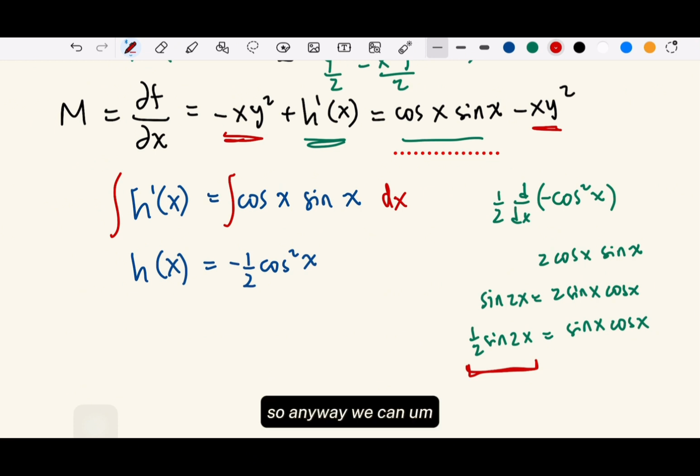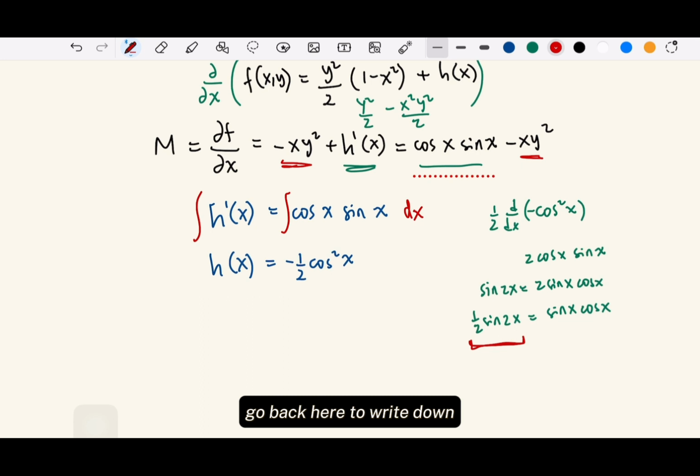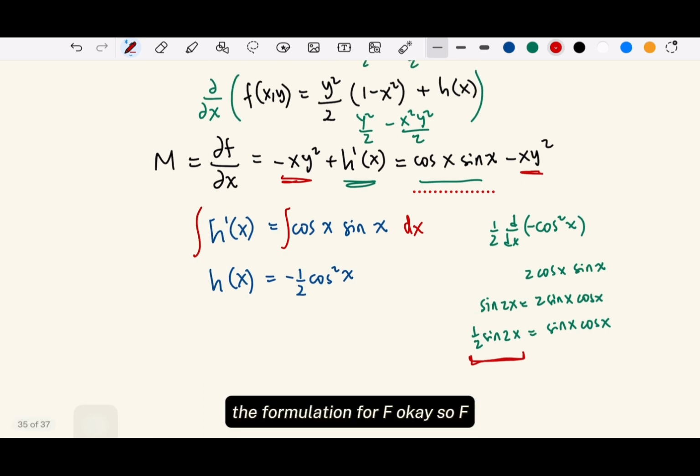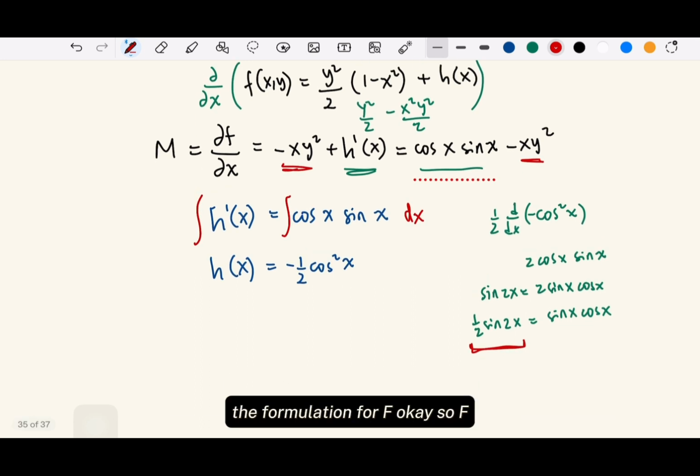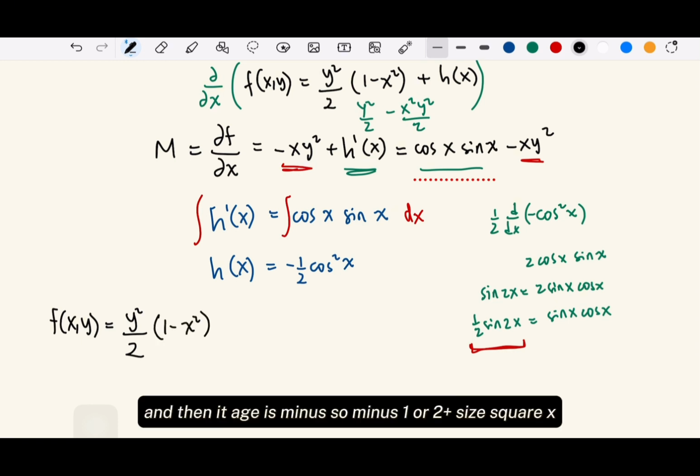So anyway, we can go back here to write down the formulation for f. Okay, so f is equal to, and then h is minus, so minus 1/2 cosine squared x.